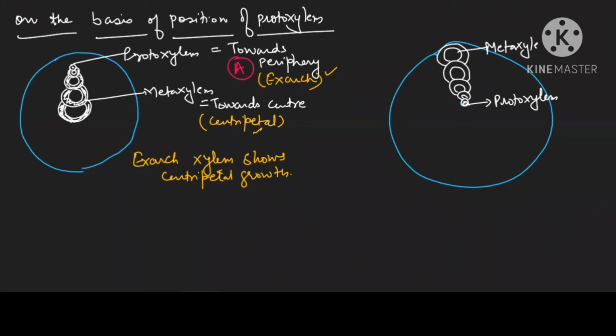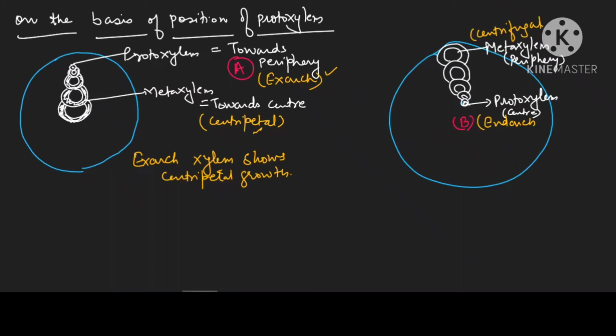Now I hope you can tell me where the protoxylem is present towards center and metaxylem is towards periphery. So when protoxylem is towards center, I will say this is endarch condition, means inside, endarch. And metaxylem towards periphery, I will say centrifugal.